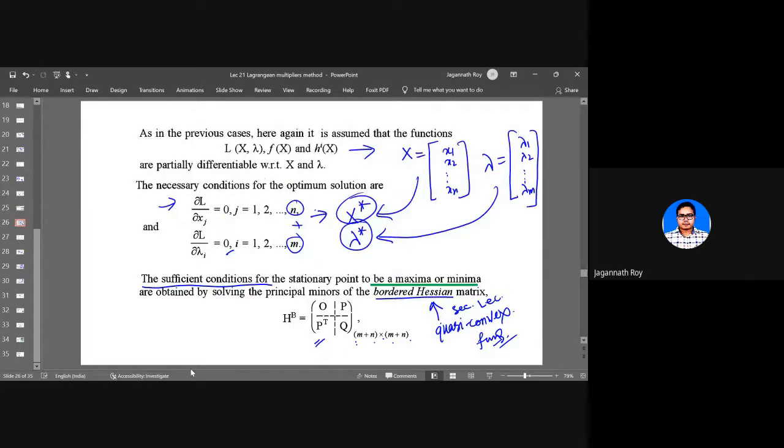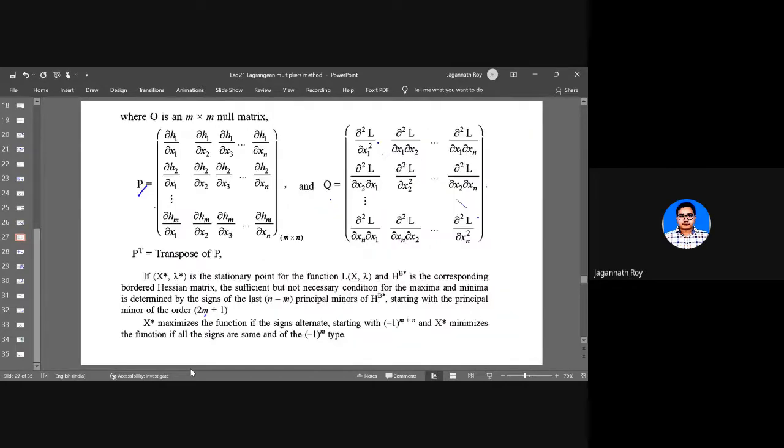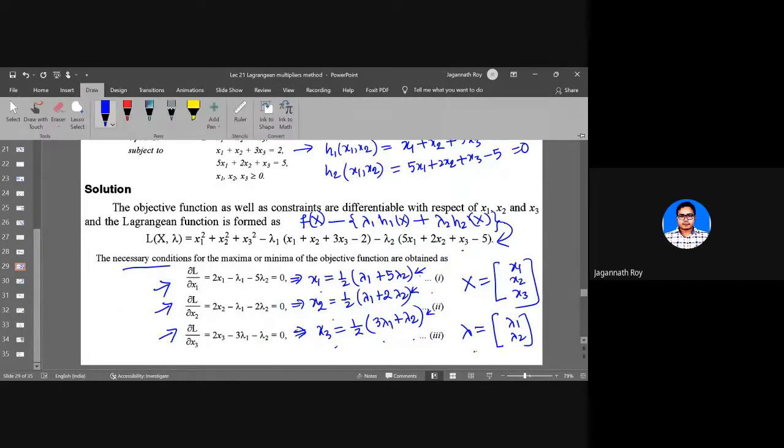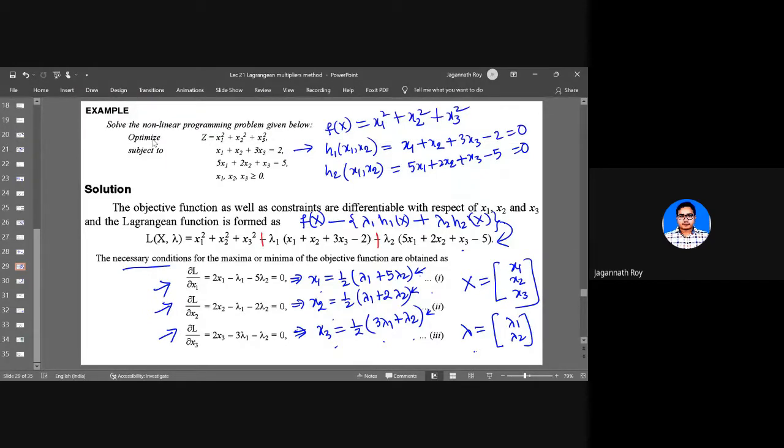In fact, you can verify it right now. Instead of negative, you are asking for positive. Let us write positive here. All will be positive. Then what will be happening? This is negative.